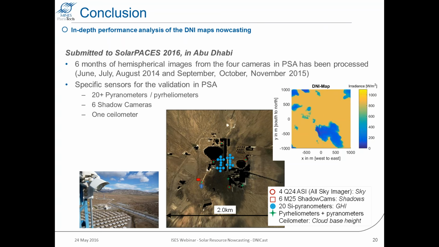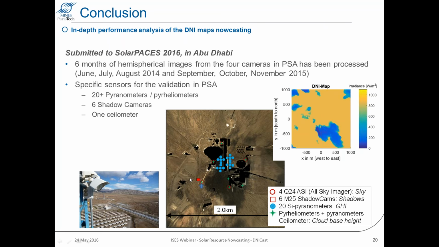The performance analysis is based on the pyrheliometer and pyranometer measurements on the site. You can see here pyrheliometers in red and pyranometers in blue. And also, this is very innovative, 6 shadow cameras, which are in fact cameras on the top of the solar tower, 87 meters high, looking at the ground and therefore at the cloud shadows.